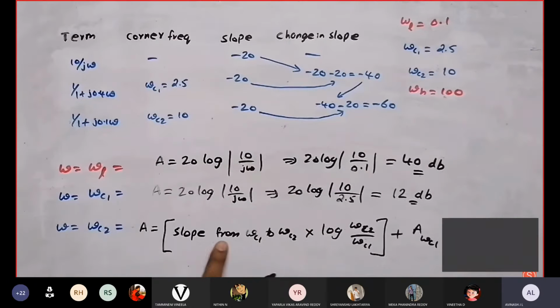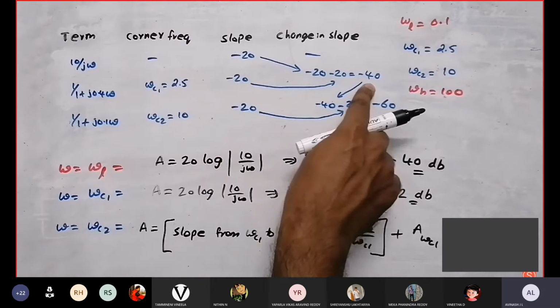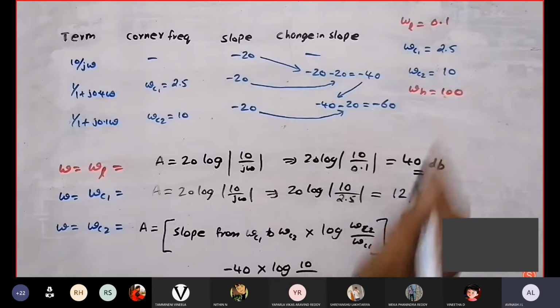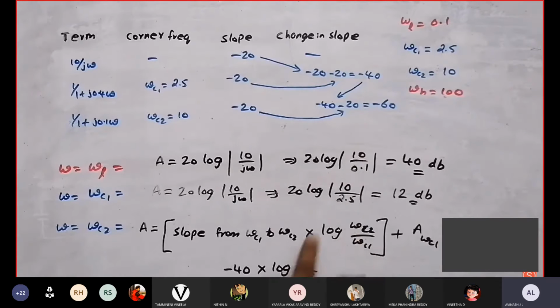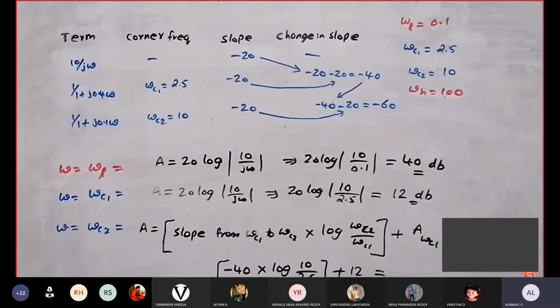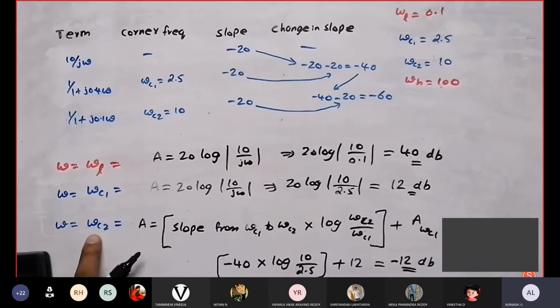The slope from omega C1 to omega C2 is minus 40. So we substitute minus 40 multiplied by log of omega C2 by omega C1, that is 10 by 2.5, added with the magnitude at omega C1, which is 12. When we solve this in the calculator, you will get minus 12.08. We can approximate it to minus 12 dB. That is our magnitude at omega C2.